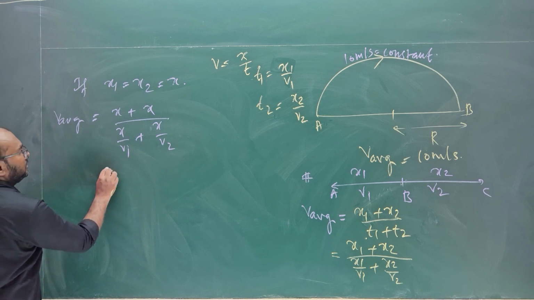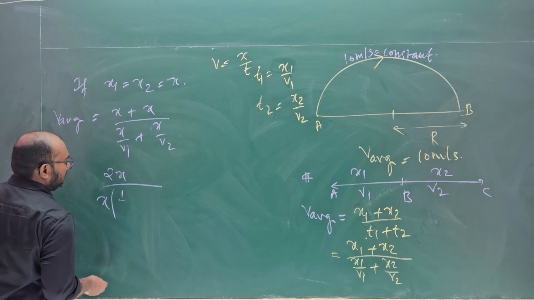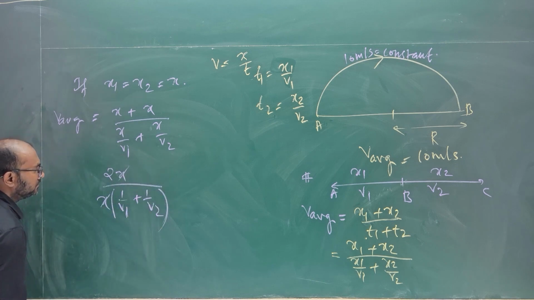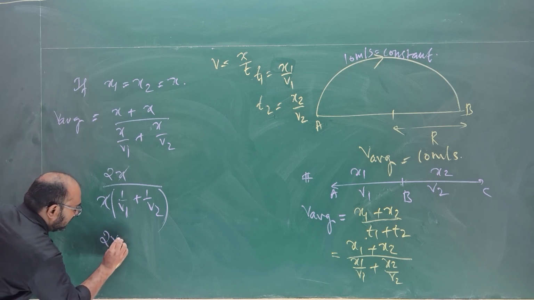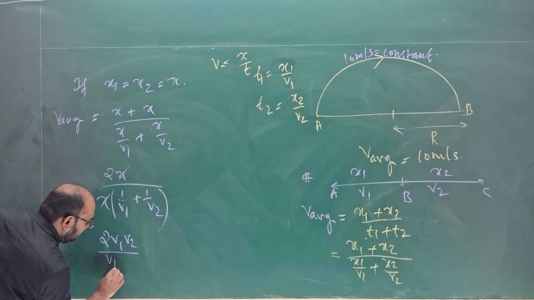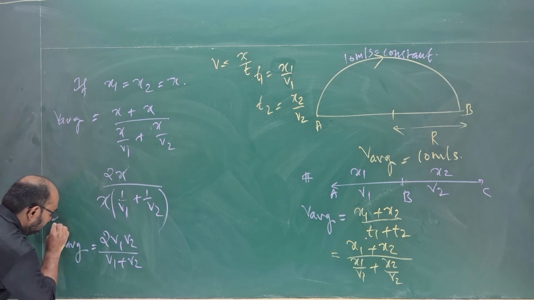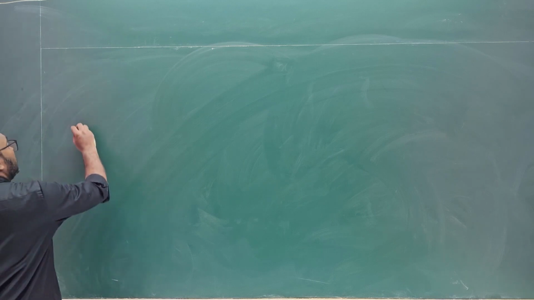Or can I take 2x times 1 upon v1 plus 1 upon v2? Can I cancel these two? Can I take the LCM and move to the numerator? So 2 times v1 v2 upon v1 plus v2. Write down fast. Okay.